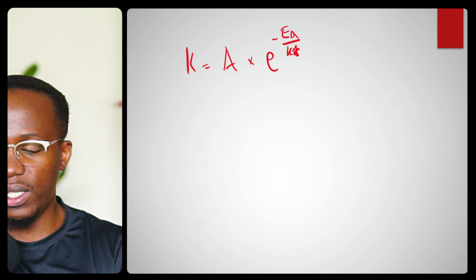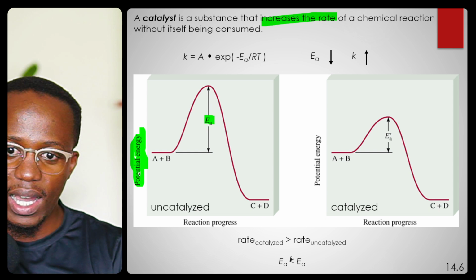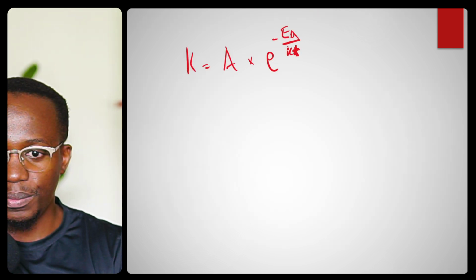We can talk about where this formula comes from, but this is called the Arrhenius equation.